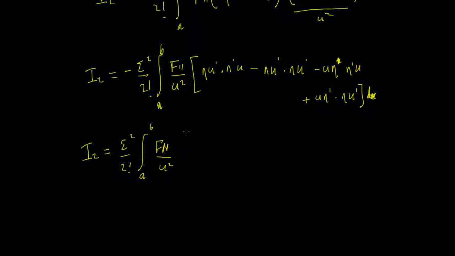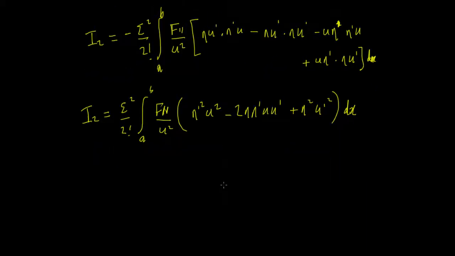Okay, and that would be, when we make the negative, eta derivative squared u squared, minus 2 eta derivative u derivative, plus eta squared u derivative squared all by dx, and that can be written as only 2 lines to go.